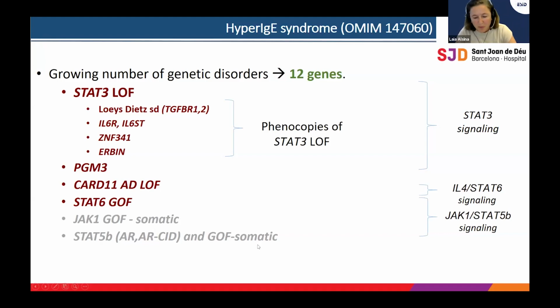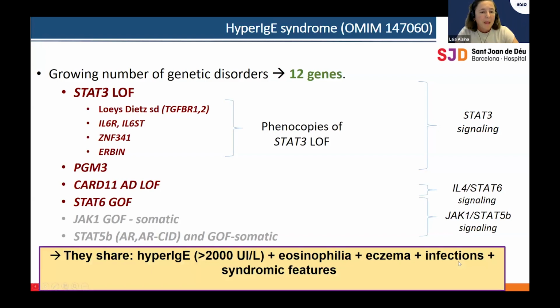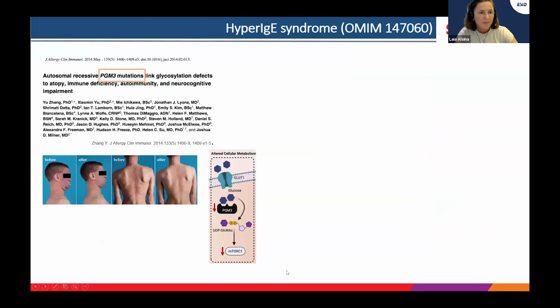There are phenocopies or somatic diseases, but they impair JAK1 STAT5 signaling, and that's why I was including them in this specific cytokine signaling pathway. And all these hyper IgE syndrome spectrum disorders, they have this elevated IgE, eosinophilia, eczema, infections, and what is really particular to these disorders, the associated syndromic features of the multisystem disease.